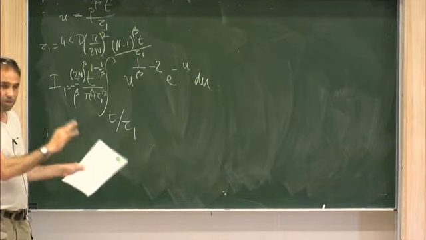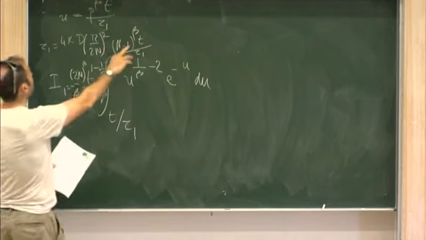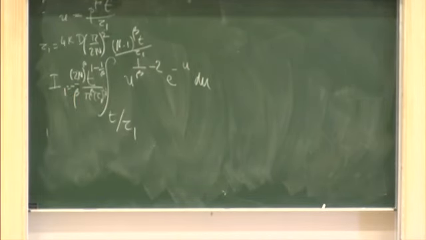I skip some steps, but basically you just write this as u. You express p as a function of u. So if you have something to the power beta, basically the p that is going to be here is going to be, like p squared something is equal to u.